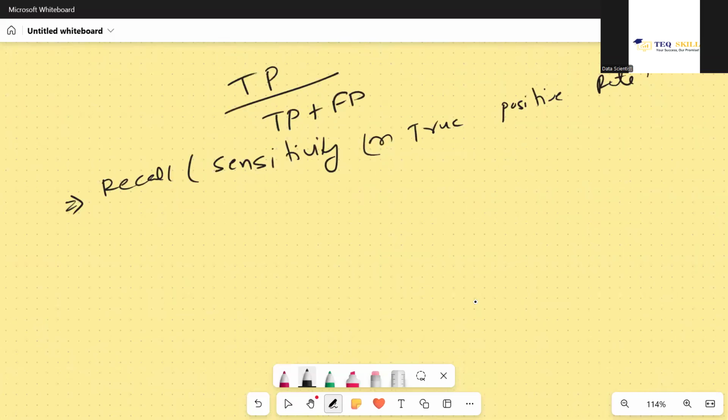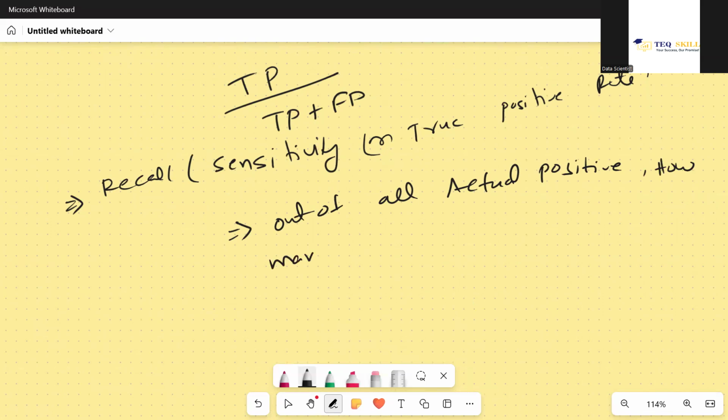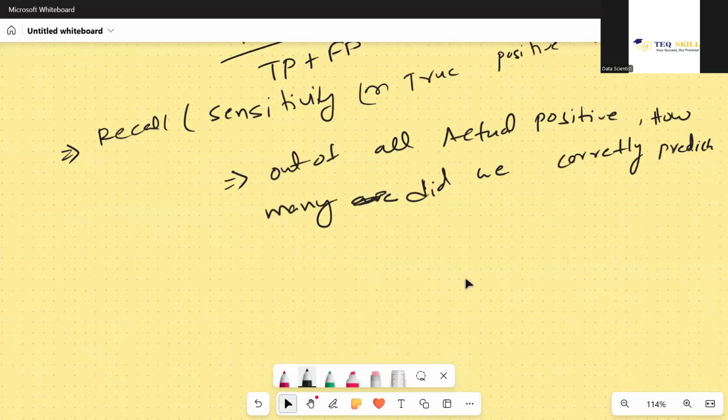It is similar to precision, but here, out of all actual positives, how many did we predict correctly?